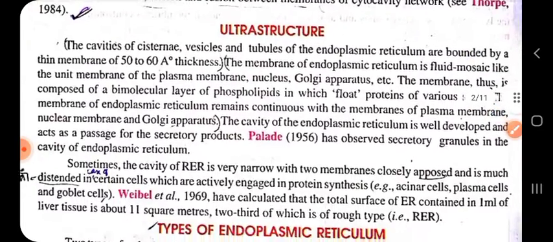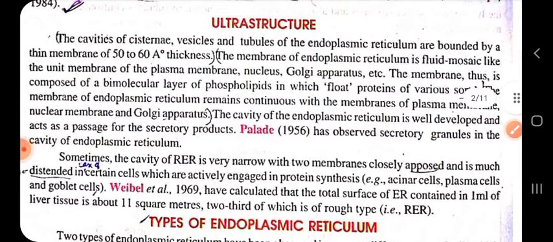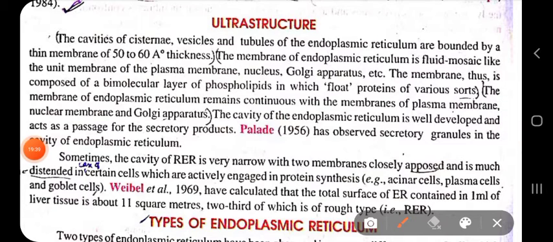Next is your ultrastructure. Let us see what we will see if we look at the ultrastructure of the membrane. It says that the cavities of the cisternae, vesicles, and tubules of endoplasmic reticulum are bounded by a thin membrane of 50 to 60 angstrom thickness.